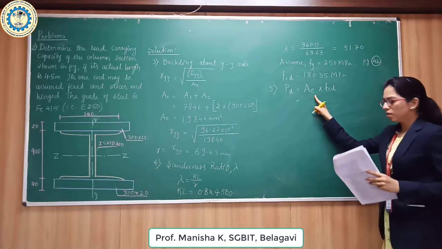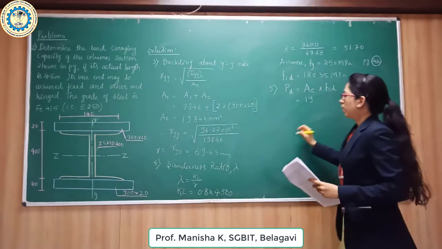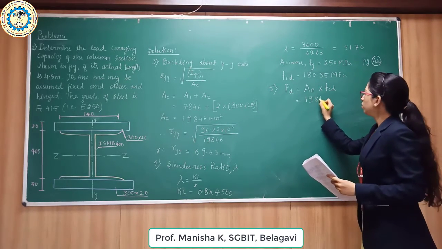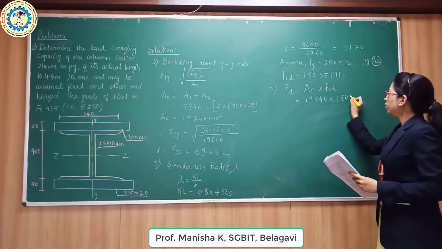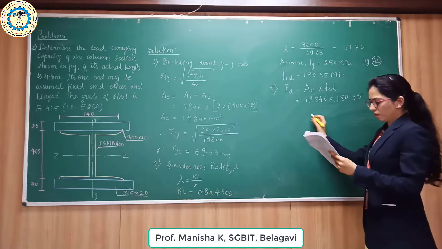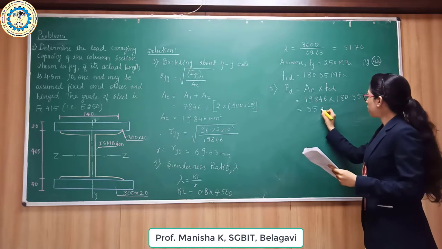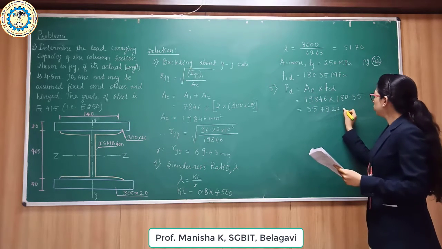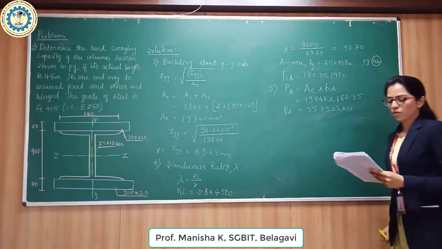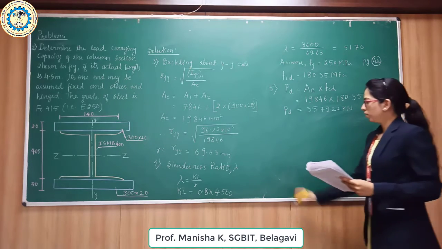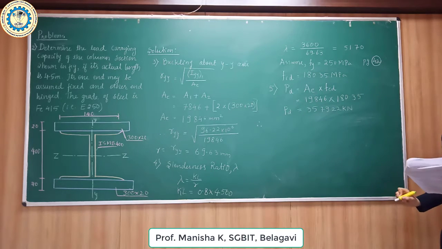We know this A of E, that is 19,846 into f of CD is 180.35, that is equals 3,579.22 kilonewton. That is the value of P of D. And in that only we are interested to find out the factored load capacity.